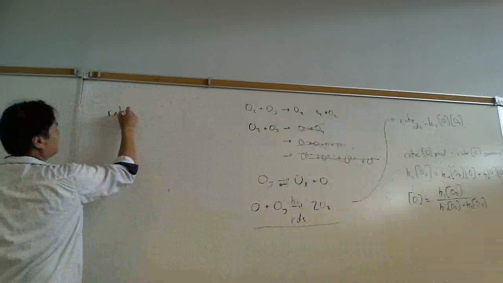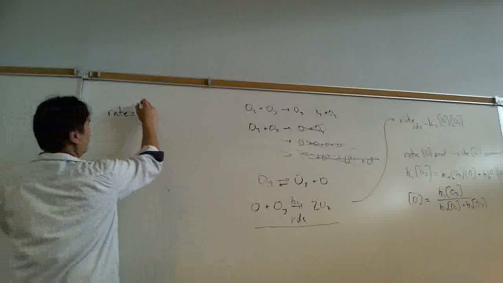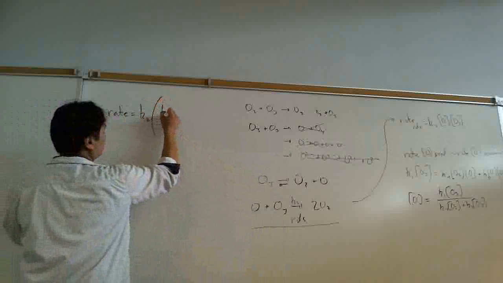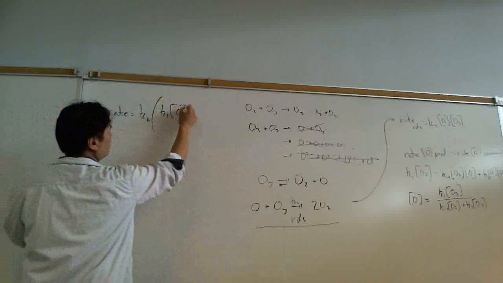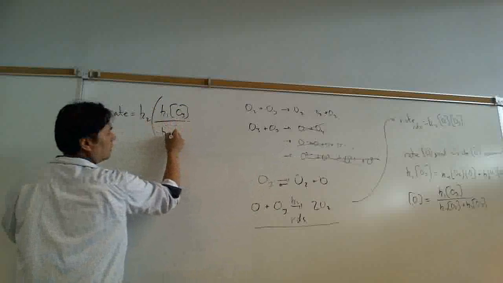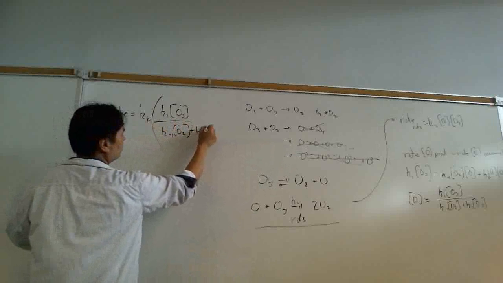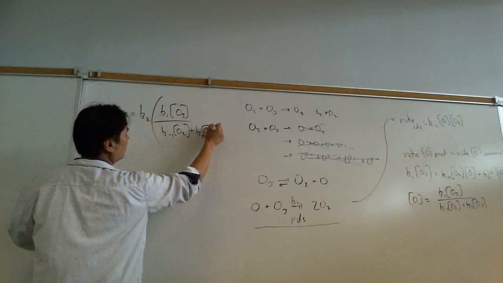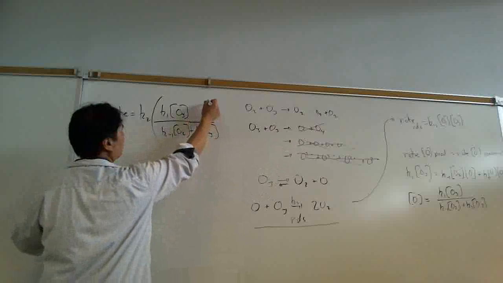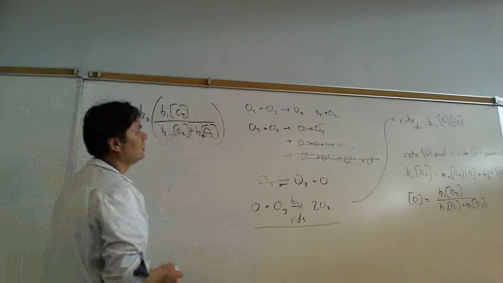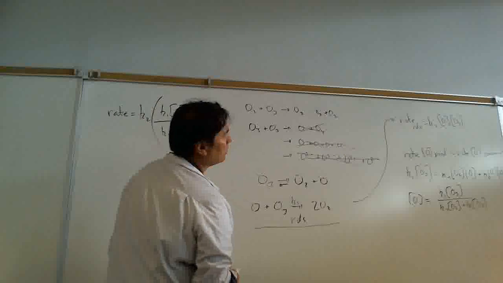And so the rate should equal K2 times all that stuff, which is K1 ozone over K minus 1 O2 plus K2 O3, times the O3.